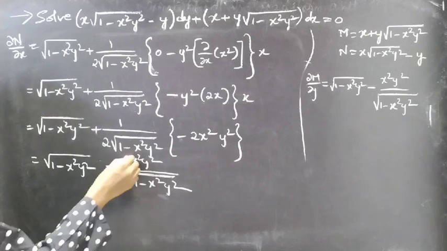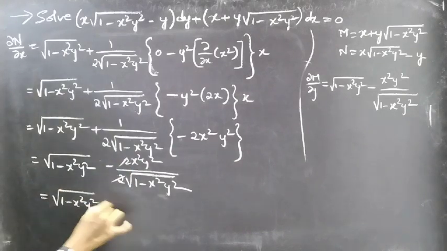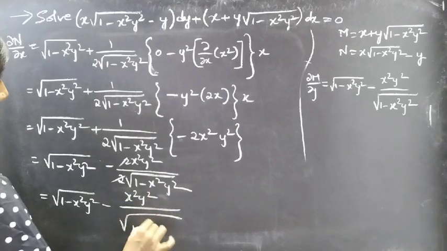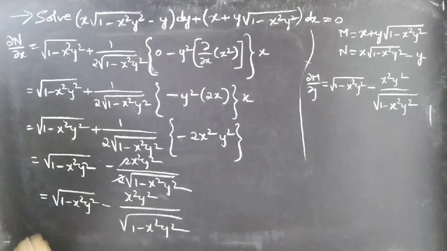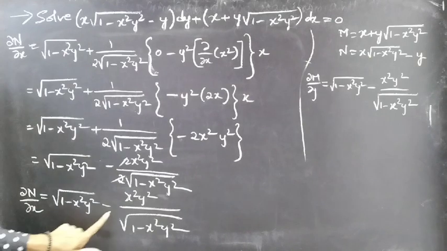Here 2 gets cancelled and you'll get square root of 1 minus x square y square minus x square y square by square root of 1 minus x square y square. Therefore, partial derivative of n with respect to x is square root of 1 minus x square y square minus x square y square by square root of 1 minus x square y square.